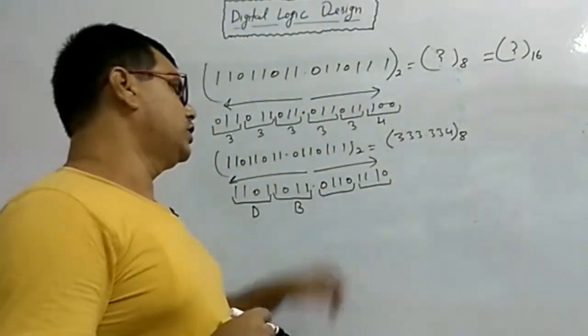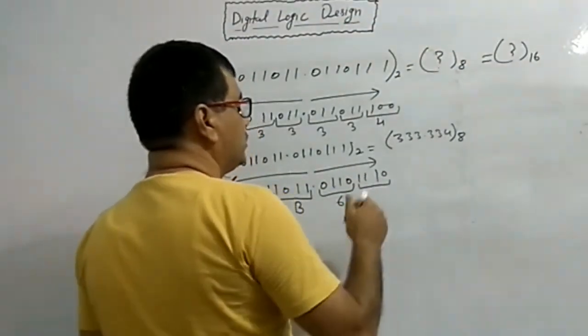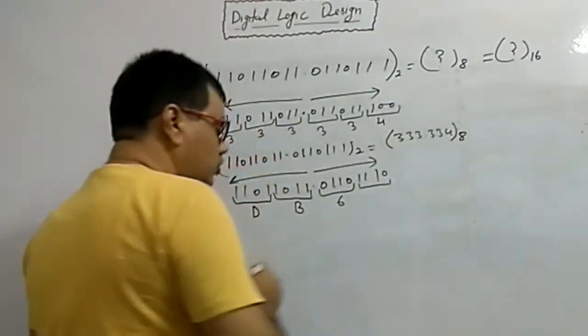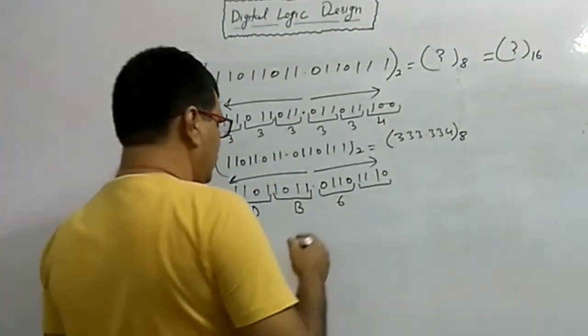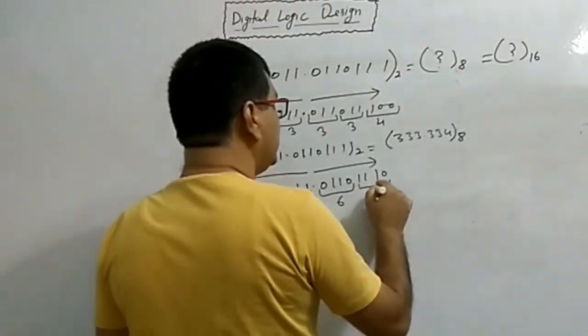This is 4 and 2, 6. This is 8, 4 and 2, 14. 14 means E.